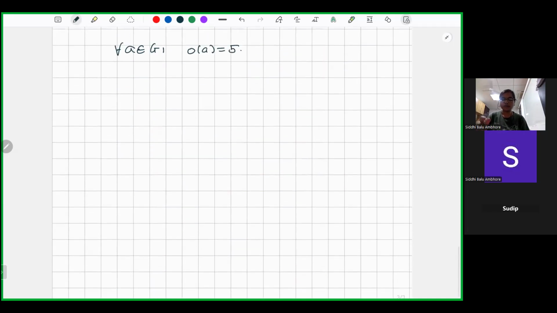So what I need to find is the number of maps.